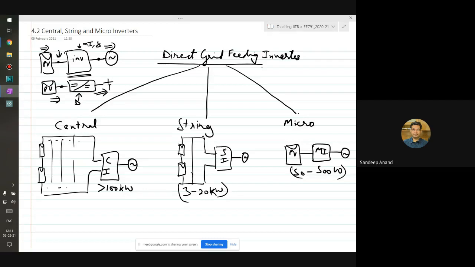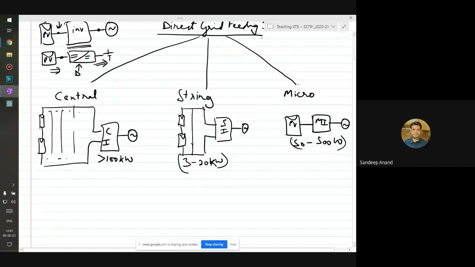As the power level suggests, the central inverter is relatively high power, so it's usually three-phase. Microinverters are definitely single phase. String inverters are more popular as single phase, but three-phase versions are also becoming popular in the recent past. So there are both single phase as well as three phase.